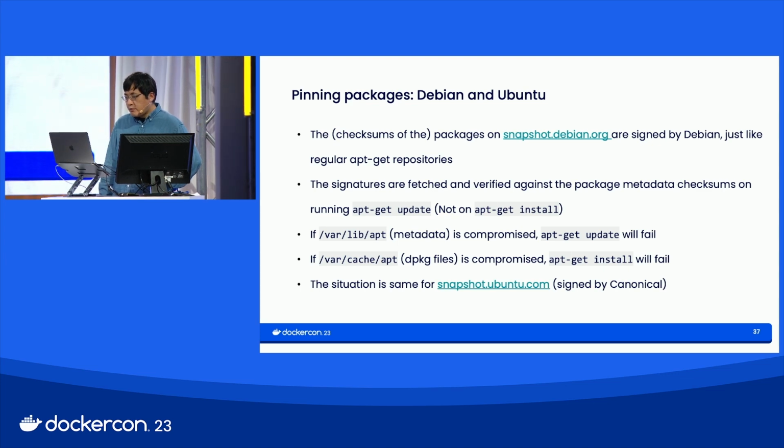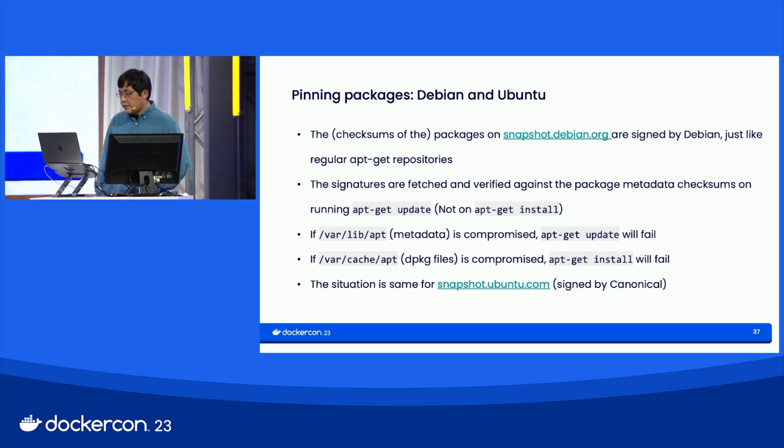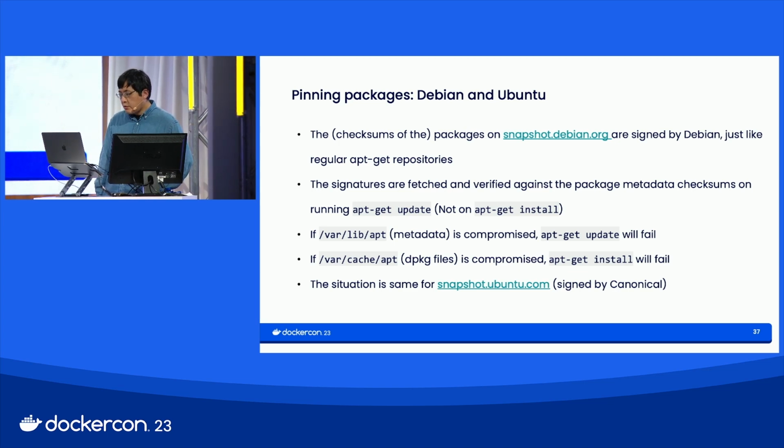But it's important to run the apt-get update command every time because apt-get update verifies the signatures against the package metadata fetched. And if this metadata is compromised, apt-get update will fail. And if the cached dpkg files are compromised, the apt-get install command will fail. And the situation is the same for Ubuntu too.